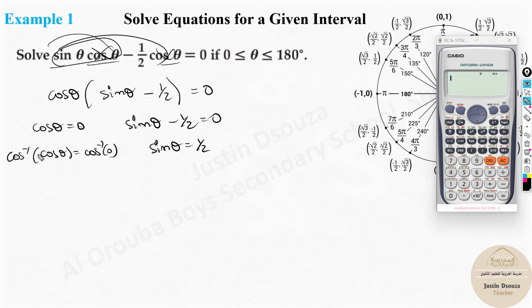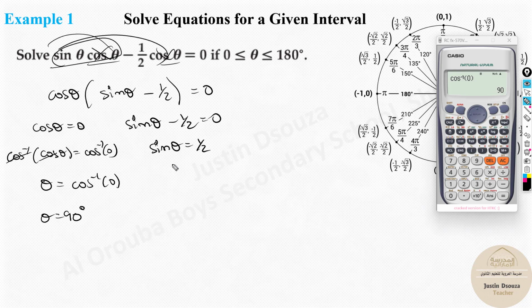What happens is cos inverse and cos cancel off. You're remaining with theta is equal to cos inverse of 0. If you just press shift cos, you will get cos inverse 0. It's 90, because it's in degree mode. I'm getting 90 degrees. So theta is equal to 90 degrees. That's fine. We got one answer.